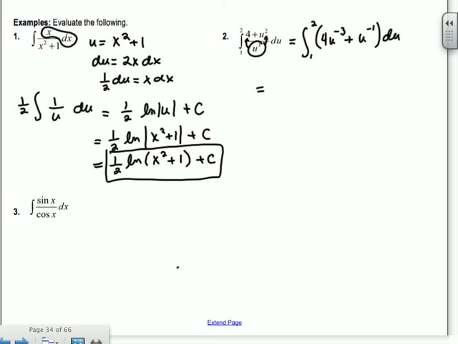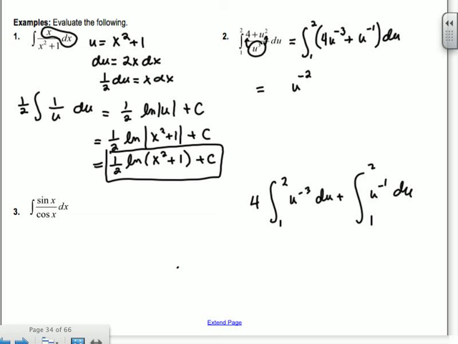So when we integrate, a lot of you guys like to rewrite it as 4, 1 to 2, u to the negative 3, du, plus u to the negative 1, du. But you see how that's just writing a bunch of stuff that you don't need to write? You can do this in your head without doing that. So if I have a 4u to the negative 3, I'm going to add 1 to the power, so I have negative 2.